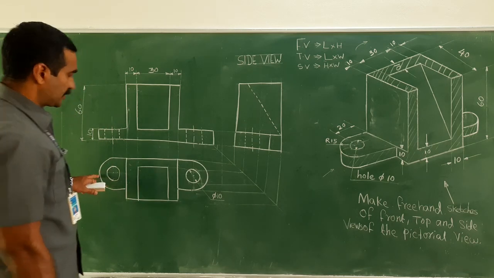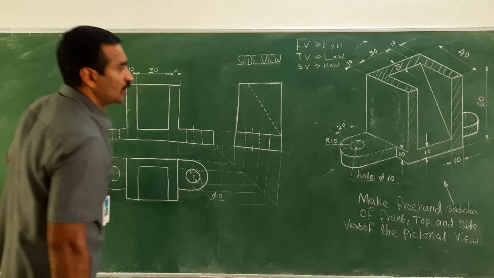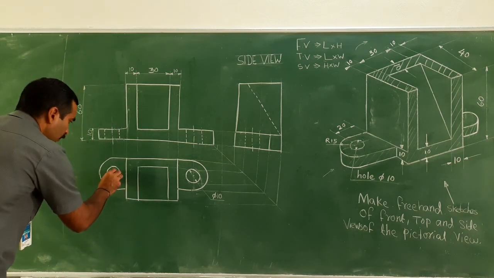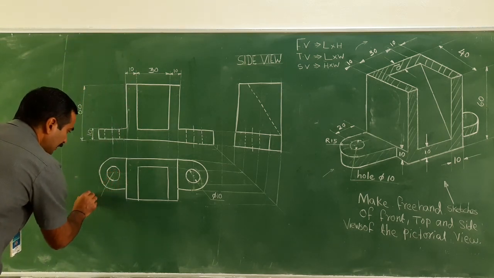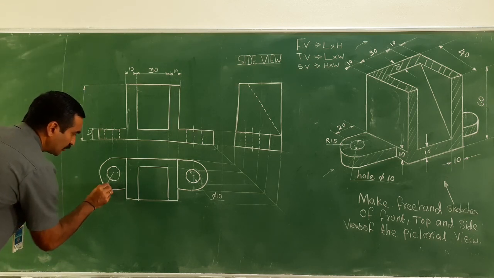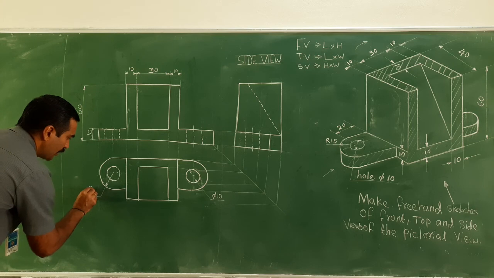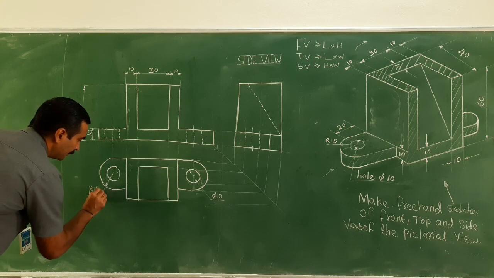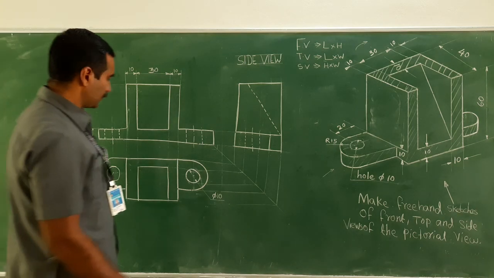Now the semicircle radius is R15. Draw it from here. This is the leader line. This represents the leader line. This is the boundary from the center to here. It is R15, right.